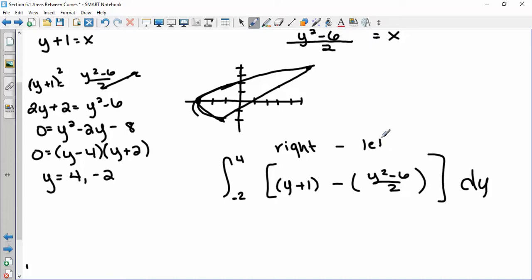How will you know if you accidentally flip those? You'll have a negative at the end, and you know you just need to make it positive for your final answer. Okay, questions to this one?